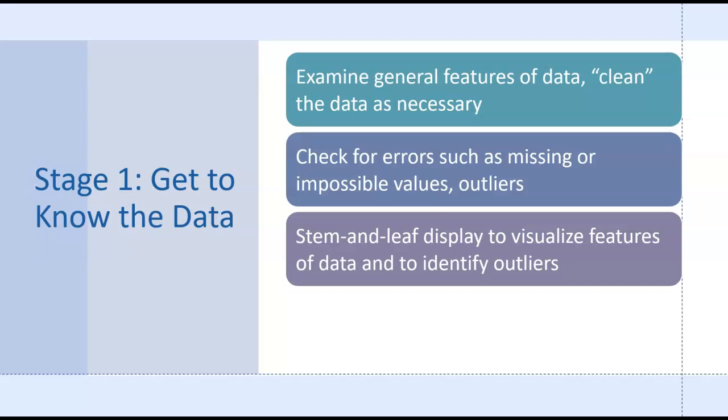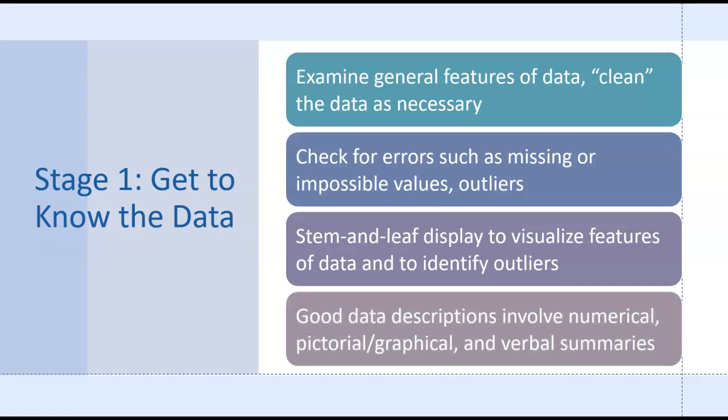And remember how I talked about that in one of my tutorials when we were looking at how many cigarettes the smokers smoked in a week, and there was one person who reported a very, very high number, and you could make a guess that at least possibly that was a data entry error on the part of the participant. When you present descriptions, you can do so numerically, you can do it with pictures and graphs, and you can give verbal summaries.